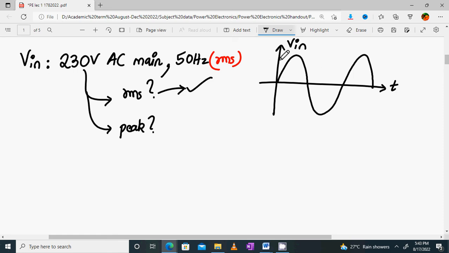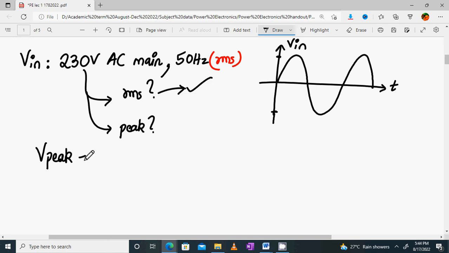Can I mark this peak as 230 and this peak as minus 230? No, it's wrong, because over here we represent the plus Vm and minus Vm, the positive peak and the negative peak. So there should be a relation to convert a peak value to an RMS value.